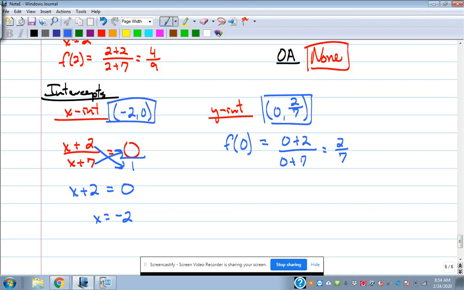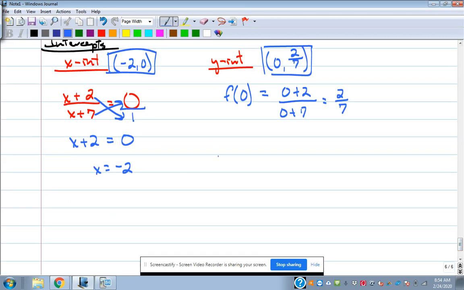Now, the last thing on the list of things to do was decide, does this graph cross the horizontal or oblique asymptote? Well, we only have a horizontal asymptote, right? So the way to decide if it crosses it is to set the equation.